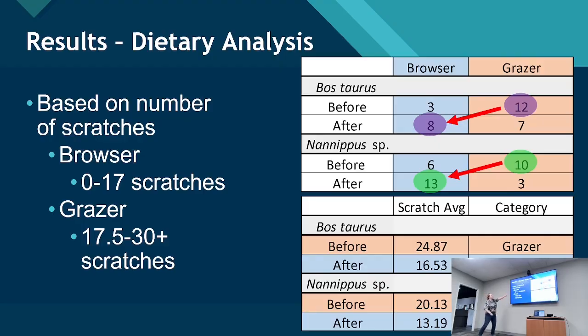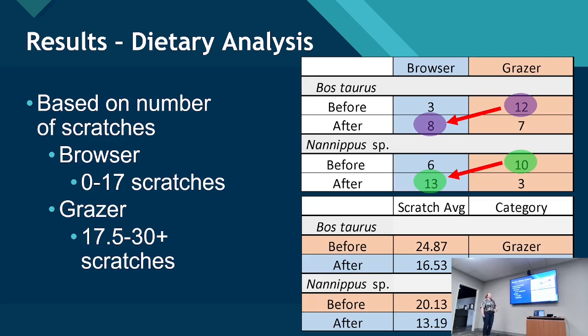Okay. I'm going to talk about this one. I must have moved it for some reason. But if we look at the dietary analysis, these are my scratch counts, which is what we use for the dietary analyses. And basically what you end up seeing is that before they were treated, all of my animals were grazers. For the vast majority, some of them fell into browsers, which is kind of normal, just based off condition of teeth.